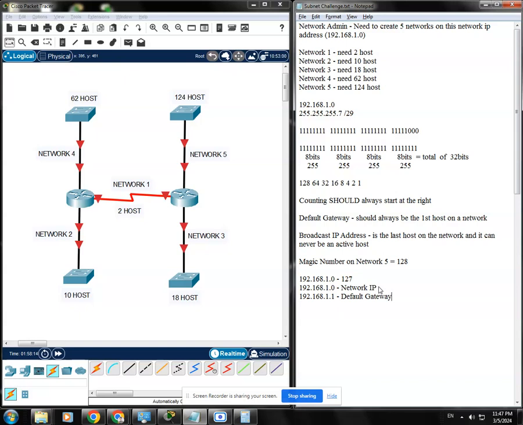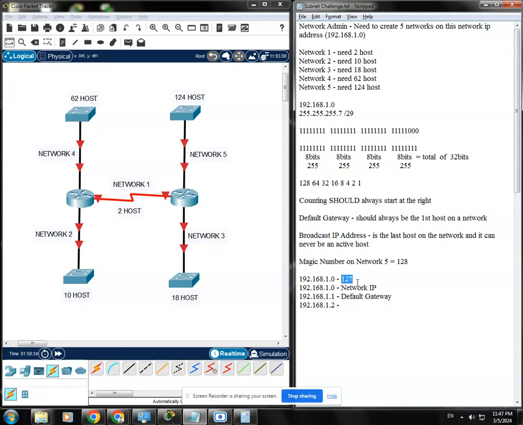The next one would be 192.168.1.2, and we cannot use 127 because it will be the broadcast IP address.